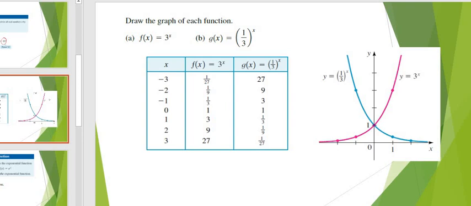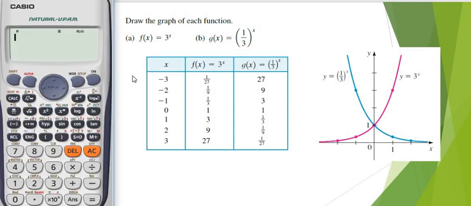Okay, so what we will do now is we will draw the graph of each function. So we have f of x is equal to 3 to the power of x, and another function g of x is equal to 1/3 to the power of x.